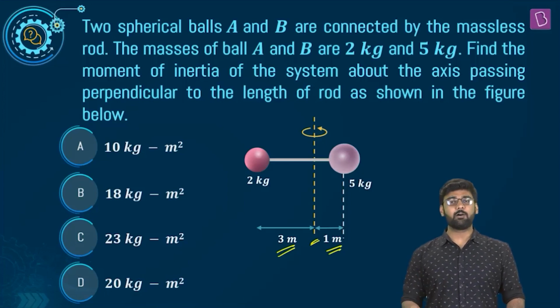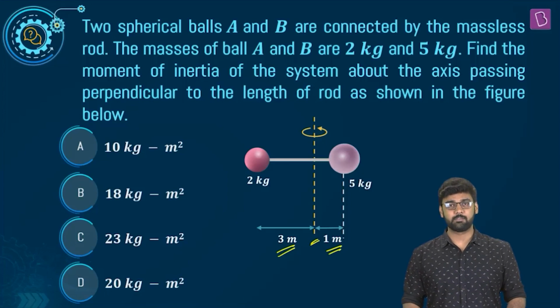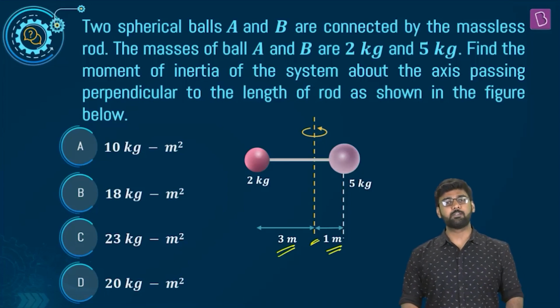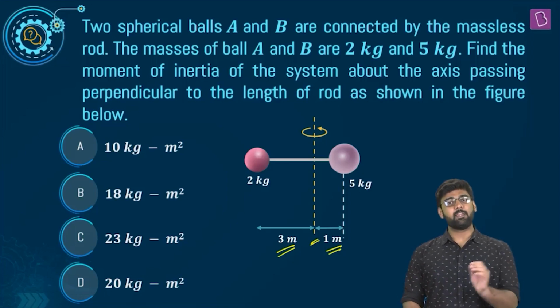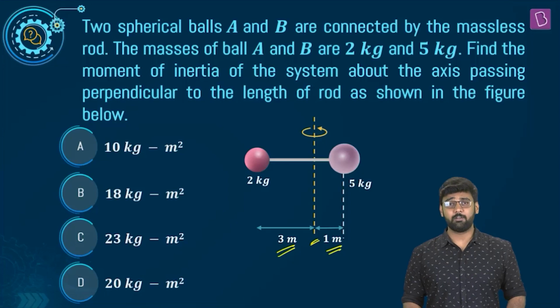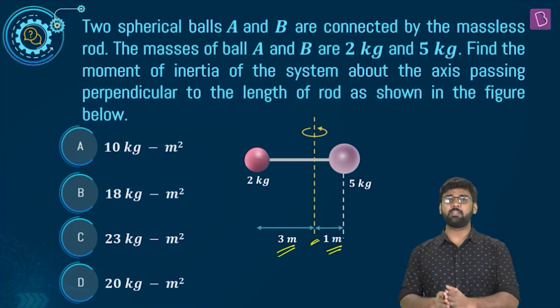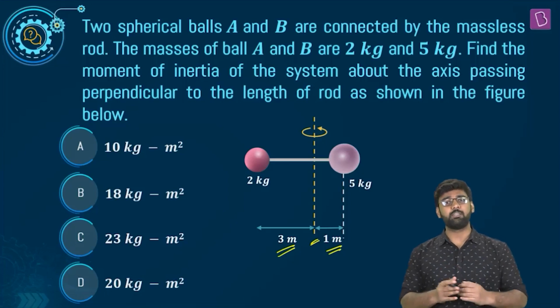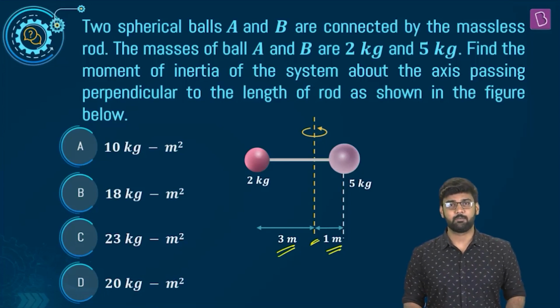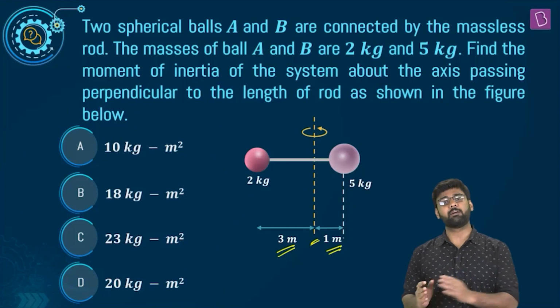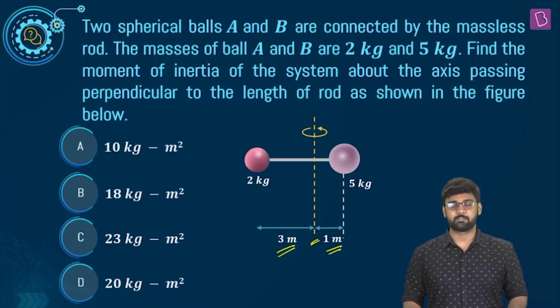Now one thing you have to assume in this question is that these two spheres are point masses. Later on in theory sessions you will see that when the radius of these two spheres are given to us or the radius of these two spheres are comparable to these distances, we can't assume these spheres as point masses. But that thing will come later in the further sessions.